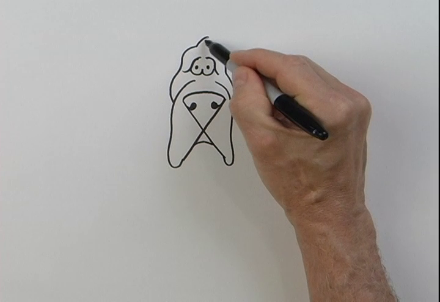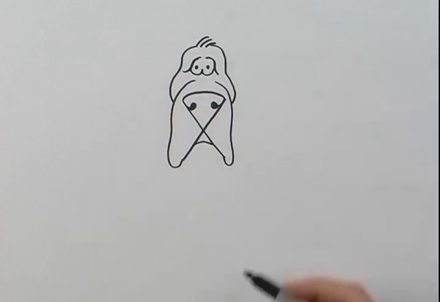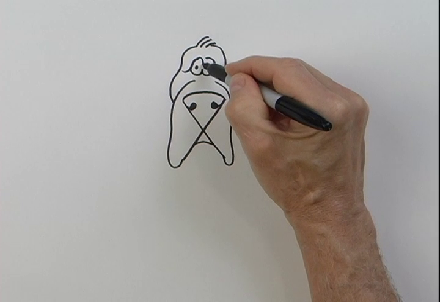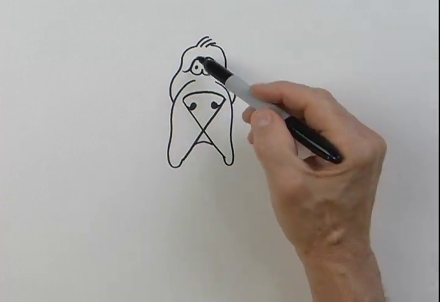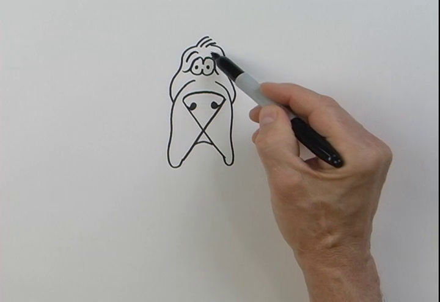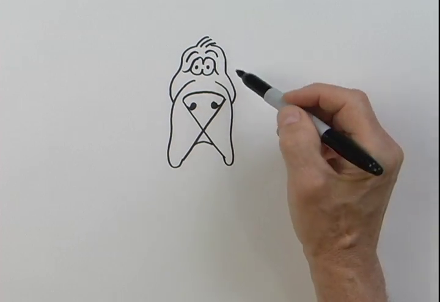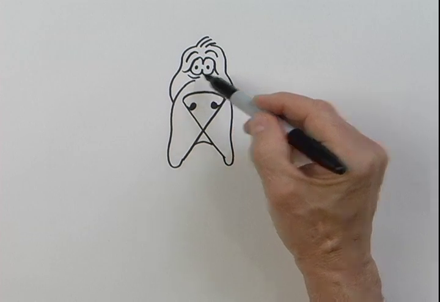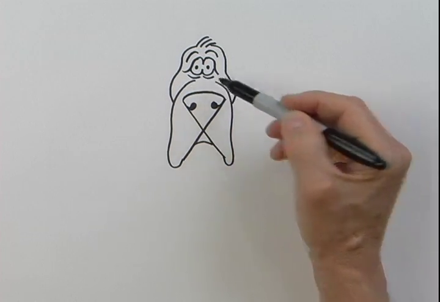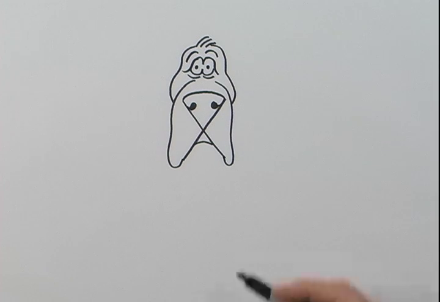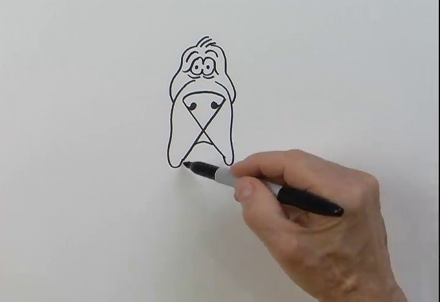Some hairs on top of his head. He looks like he's surprised to see me. One eyebrow there and another eyebrow on the other side. Two lines from underneath his eyes. Now I'll draw his bottom jaw.